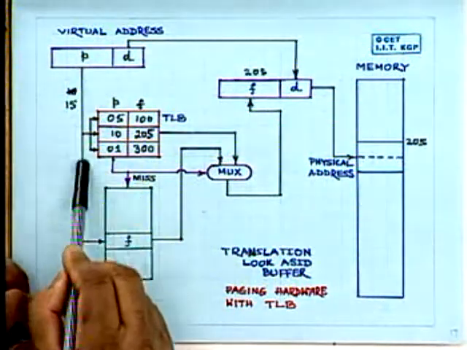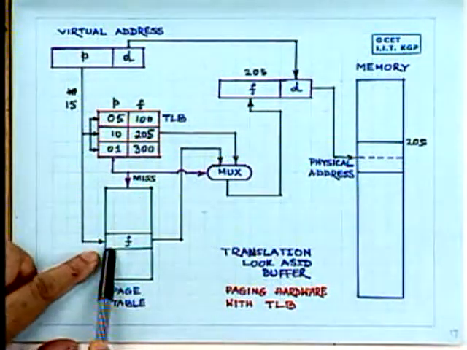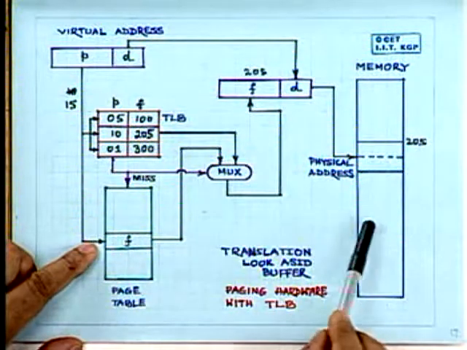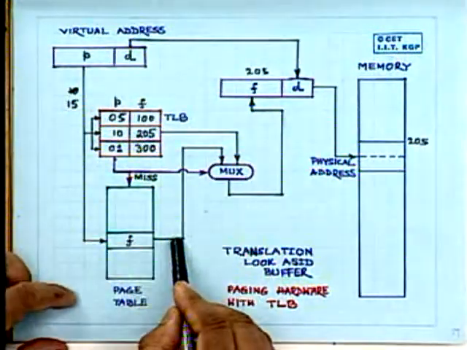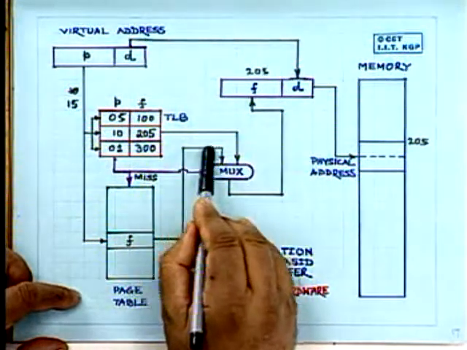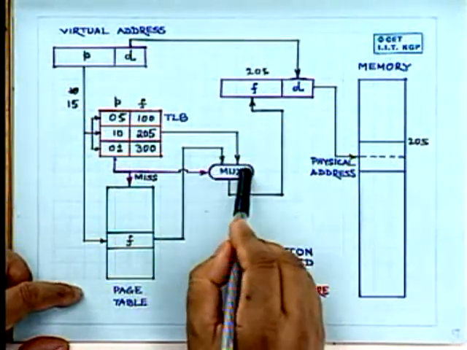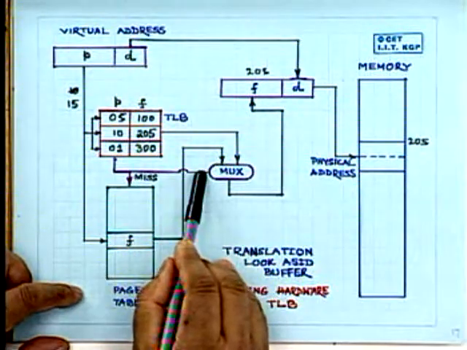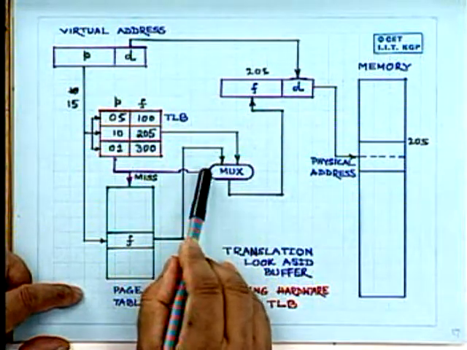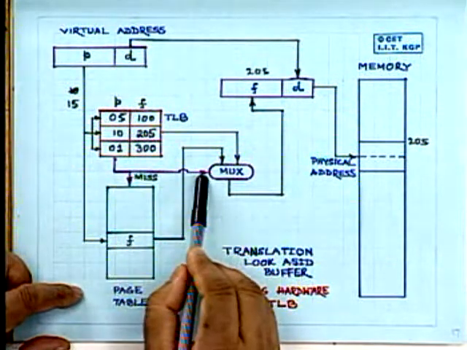The hardware now has to go to the memory to fetch the corresponding frame from here. That frame is one of the inputs of the multiplexer. Since it's a miss, this input will be the miss, either 1 or 0, say 0 for miss or 1 for hit.